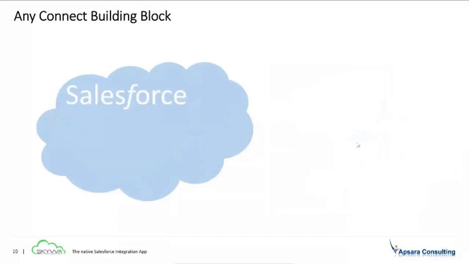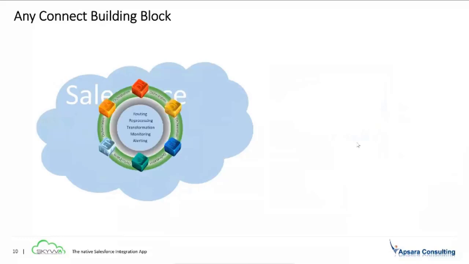So let's see now the building block. What are the components of the Any Connect? Here again, we have the service layer, where you can do the mapping and the transformation, where we provide you the monitoring of messages going to the business application or coming from the business application. We have the alerting functionality.